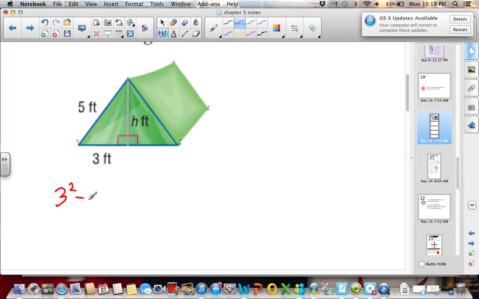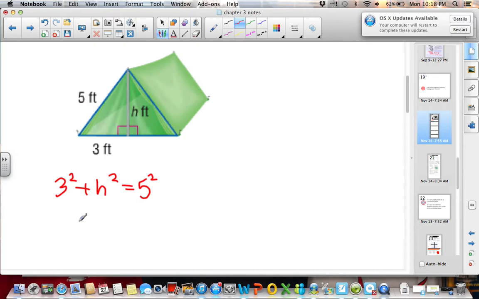So 3 squared plus h squared equals 5 squared. Remember, the legs are 3 and h because they're adjacent to our right angle. Okay, here's our right angle. 5 is our hypotenuse because it is across from the right angle.